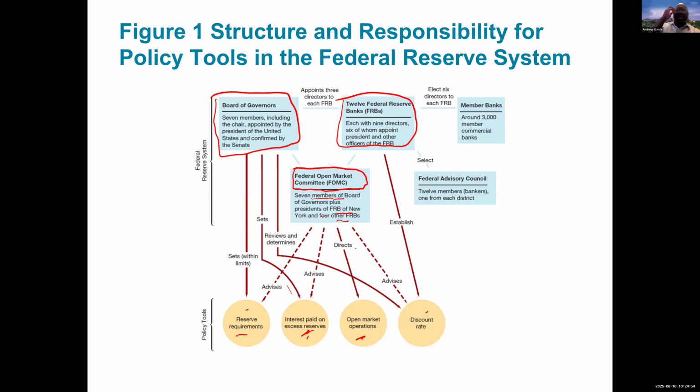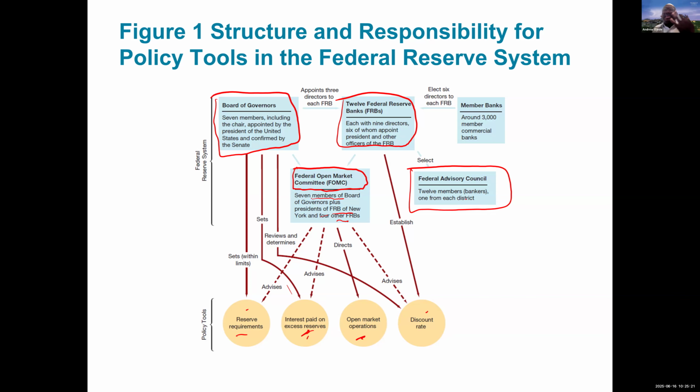Okay? And then we talked about the Federal Advisory Council. There are 12 of them. Each of them represents the what? Representing each district branch. So the Federal Advisory Council basically acts as a go-between between the district branch and the Board of Governors in DC. They go back and forth. They bring information from the board back to the district branch, take information from the district branch back to the board, those kinds of things.